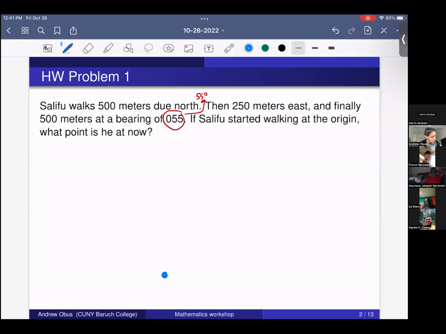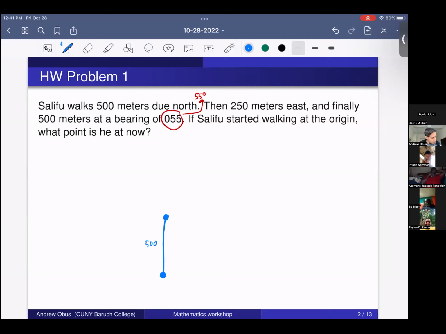So he's starting at the origin. He starts by walking 500 meters due north. So this is 500 meters due north. And then 250 meters due east. East is to the right. This is 250 meters. And then 500 meters at a bearing of 055.